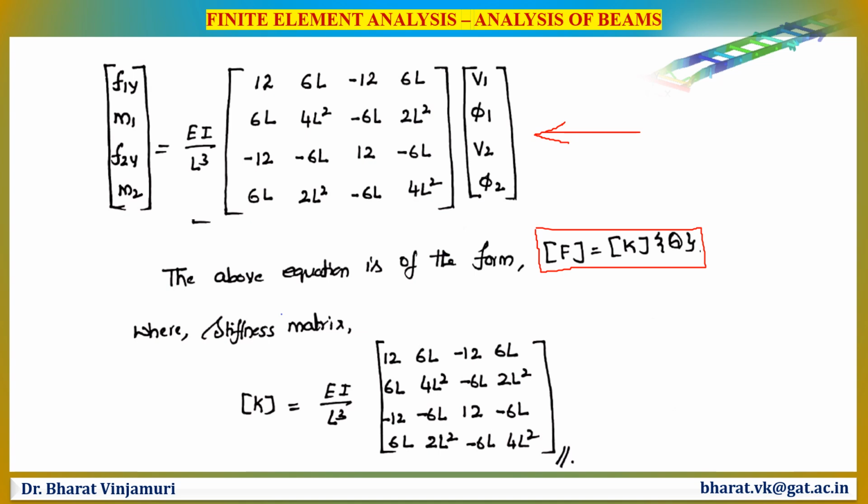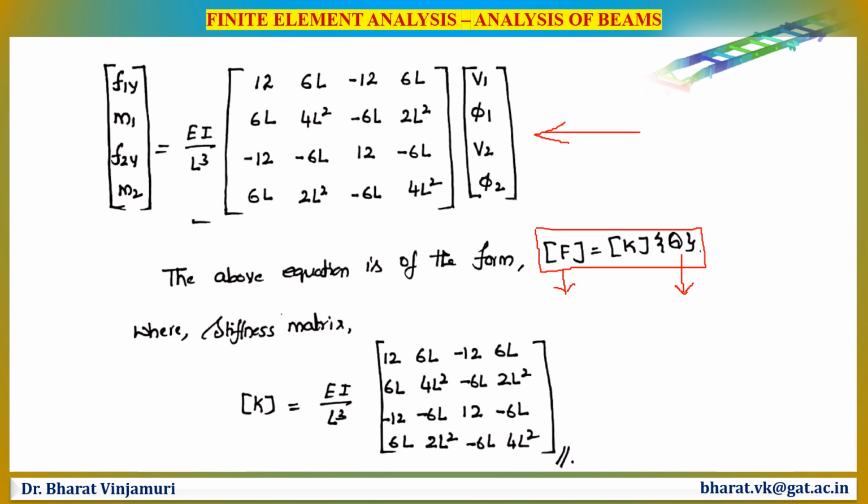Here F corresponds to the force vector, Q corresponds to the unknowns. The force vector is F1y, shear force at node 1, M1 bending moment at node 1, F2y shear force at node 2 in y direction, and M2 is the bending moment at node 2.